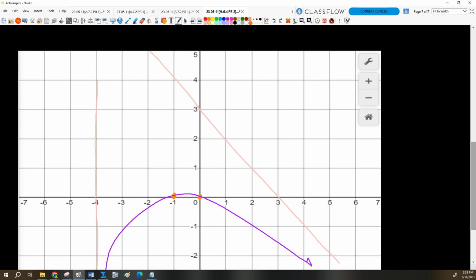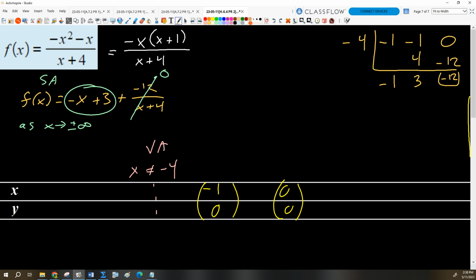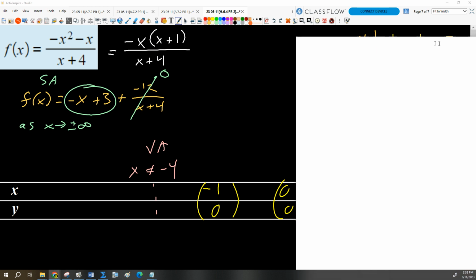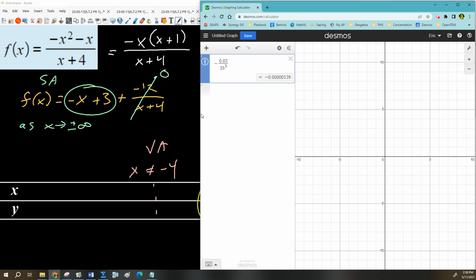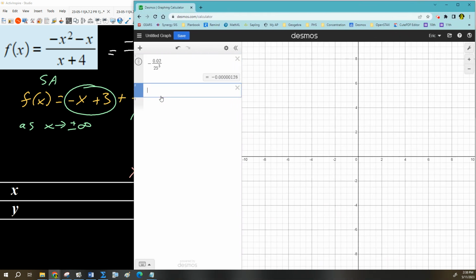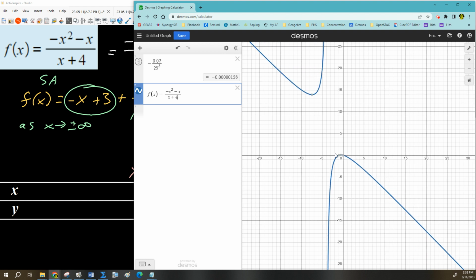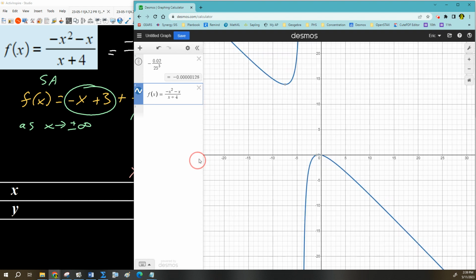So if we graph this thing, let's just see what it looks like. If we just cheat and graph this thing, you'll see what I mean. If I zoom out, see what I'm saying? There's the upper part, right?